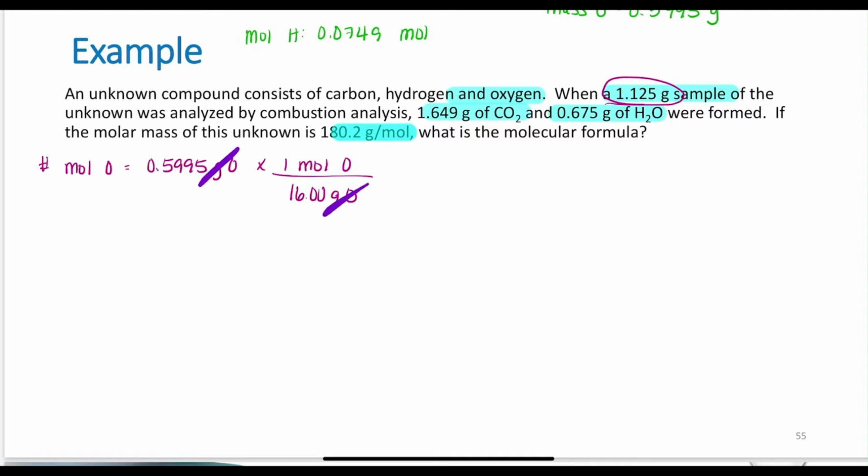That cancels out my grams. And I find this to be 0.03747 moles of oxygen. Now I know the moles of carbon, moles of hydrogen, and moles of oxygen. So I'm going to write moles of oxygen up here.